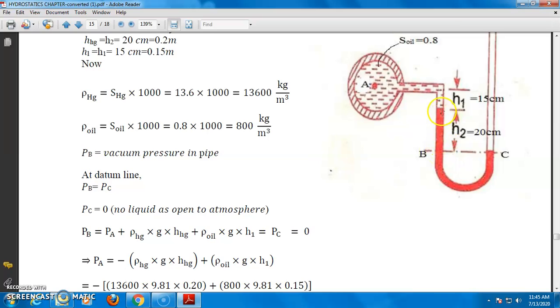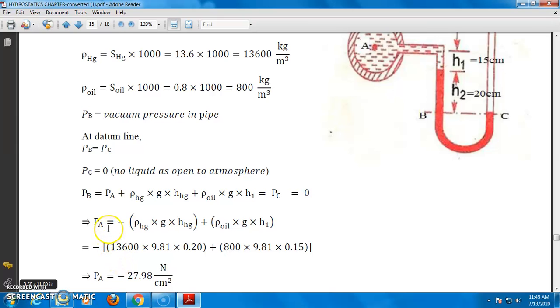You have to calculate the pressure of that height of mercury. So what is the formula? Same, rho g h. So the density of that mercury into g into the height of that mercury, that is H2.